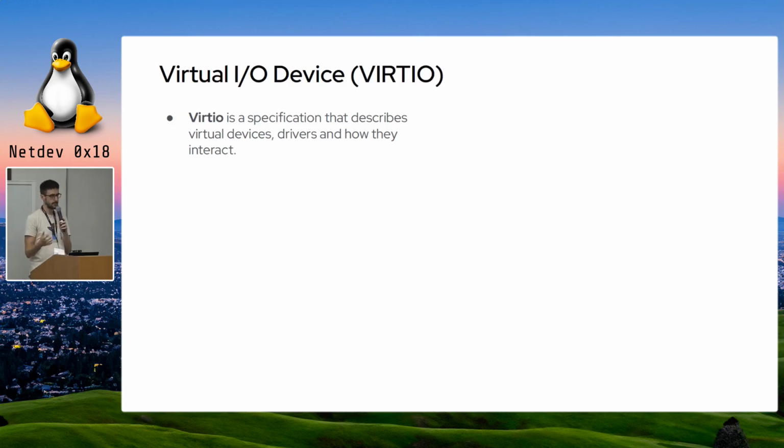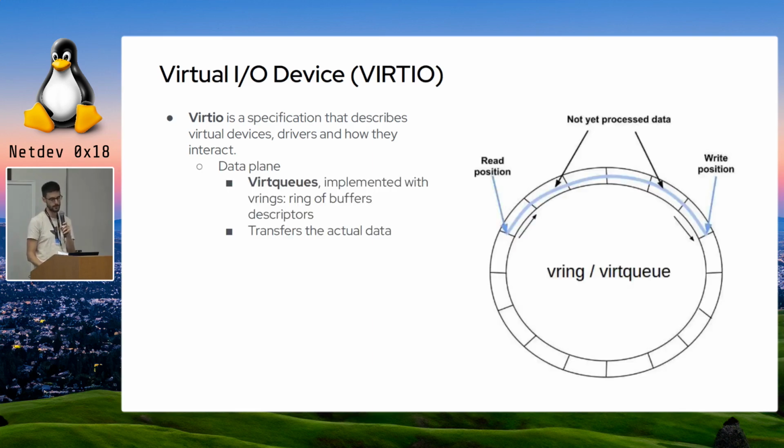How does virtio solve that? Maybe many of you already know, but in summary, virtio is just a specification that describes how virtual devices and guest drivers interact with each other. It is composed of a data plane, which carries the actual buffers.